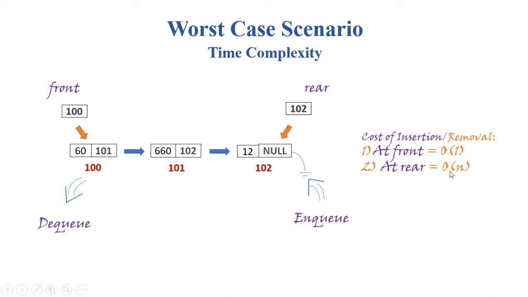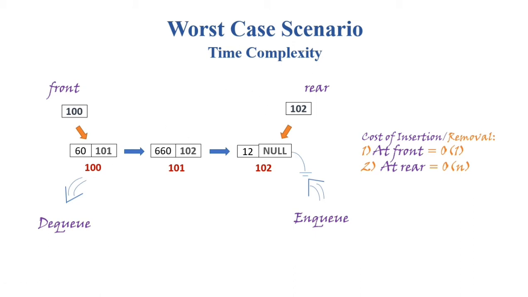That would mean the big O notation will be n. What happens with big O of n is that when we enqueue at the rear of this linked list, the program has to traverse from the first node to the third node, going to the second and to the third.